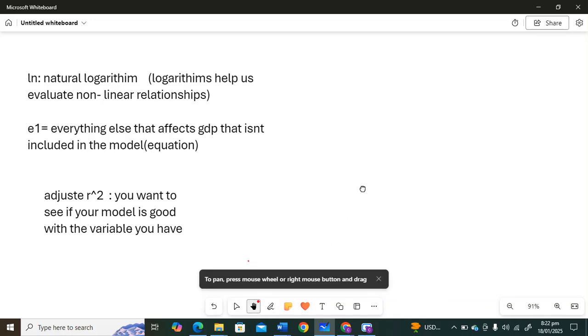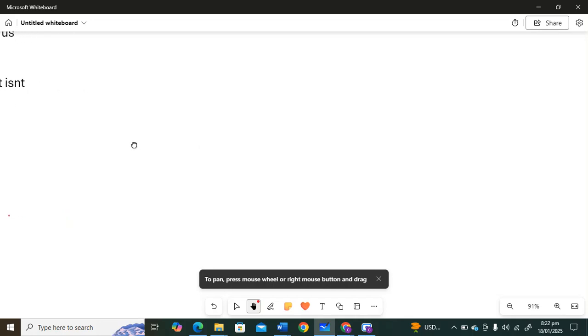Okay, we can go to question two. Before we go to question two, these are the laws of logarithms you need to remember.